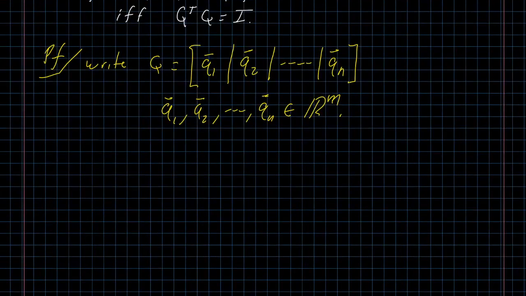And when you have a matrix defined by column vectors, then the transpose of that matrix is defined by those same vectors as row vectors, q1, q2, all the way down to qn.